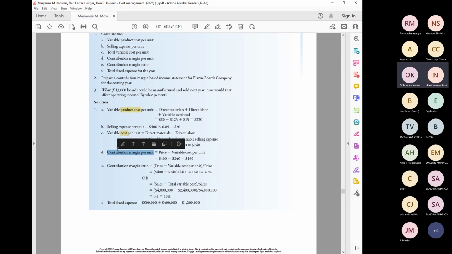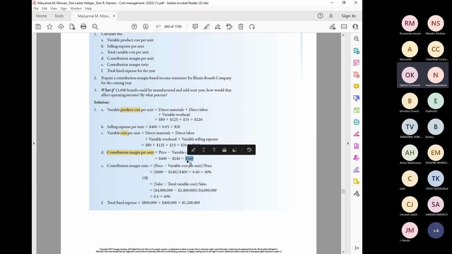Then contribution margin. Contribution margin per unit is equal to price minus variable cost per unit, which is equal to 400 minus 240, 160.